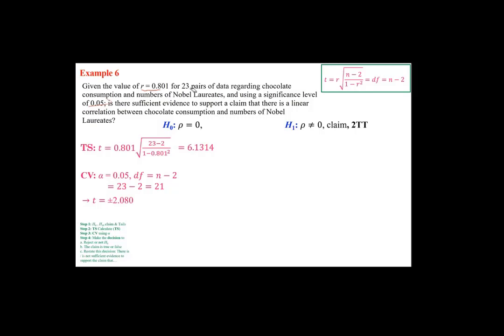If we go with the Pearson table, Pearson coefficient, test statistic is given to us, 0.801. As far as the critical value is concerned, alpha is 0.05, so we look up that table. N is 23. So the table, I want you to pay attention.